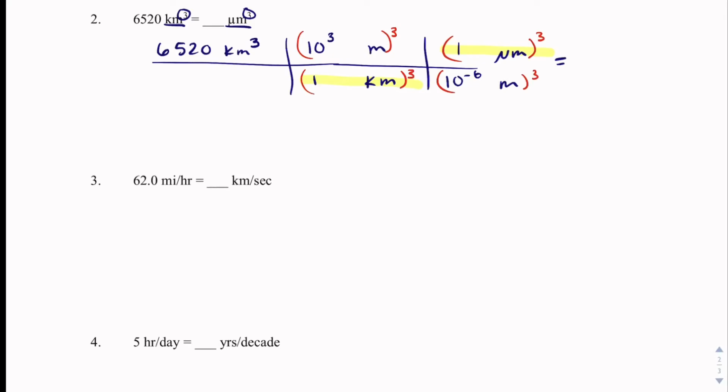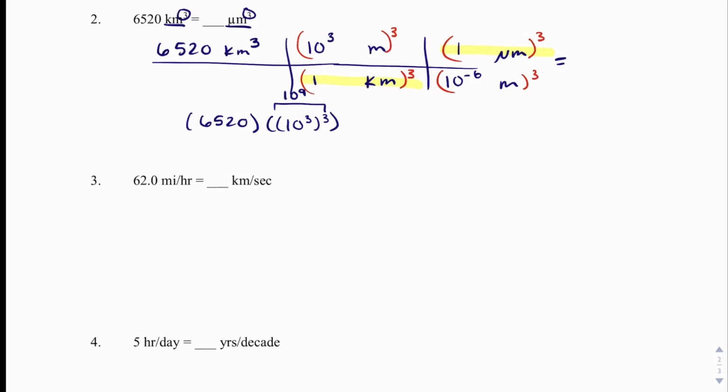If you're using a TI-30X2S, then here's what I'm going to plug in. Plug in 6520 times 10 to the 3rd cubed, which hopefully you can say that that is 10 to the 9th, 3 times 3.